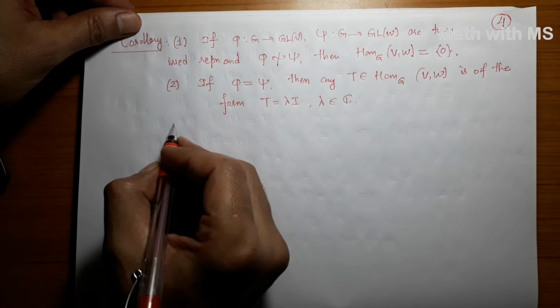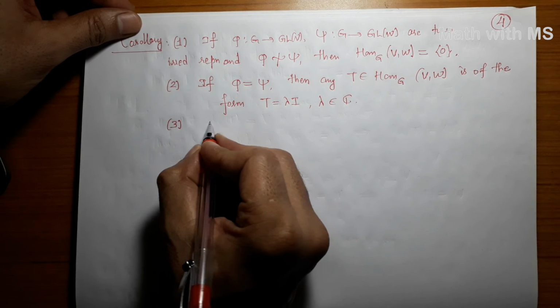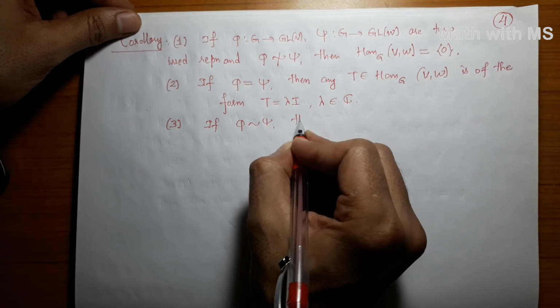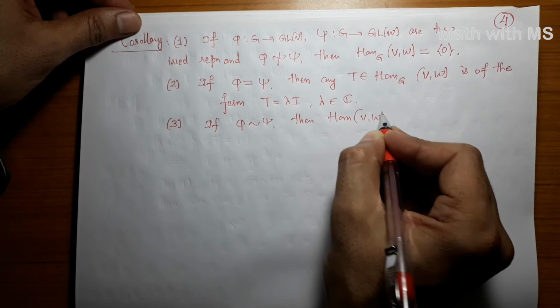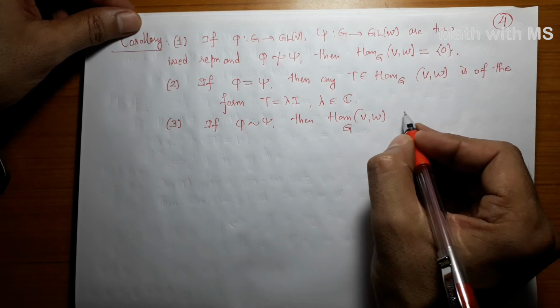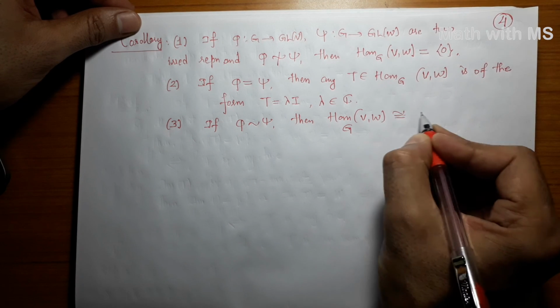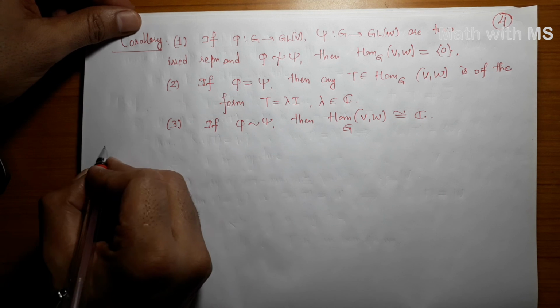Complete description. And third point, if phi is equivalent to psi, then what is this vector space of morphisms from V to W? This vector space is just a one dimensional vector space. It is isomorphic to C. Let us prove them.